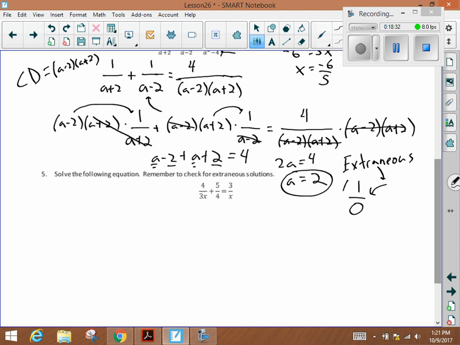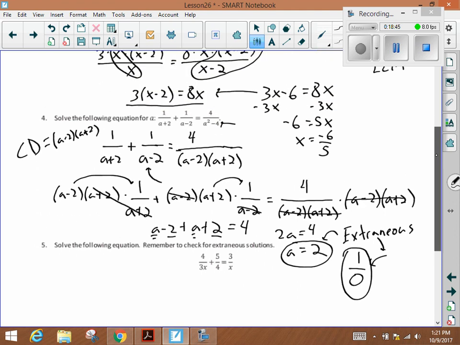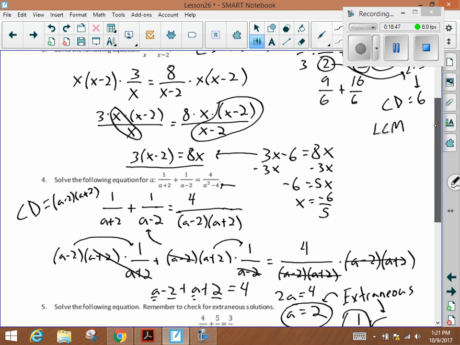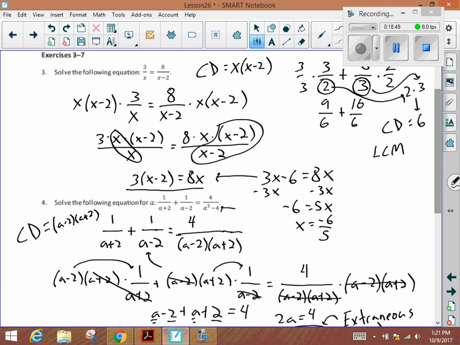So that gives me a situation where I'm dividing by 0. So I'm going to say that even though when I solved it, everything came out nice, it's going to be an extraneous solution. We should check back up here and see if Mr. Dorman didn't make a mistake.